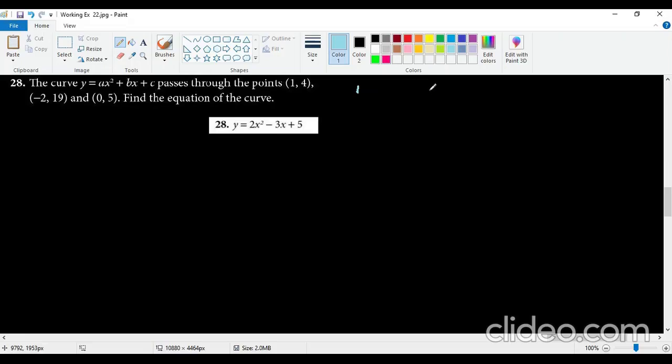So it is going to be a 1 square plus b 1 plus c equals 4. So this is going to be a plus b plus c equals 4. This is going to be equation 1.